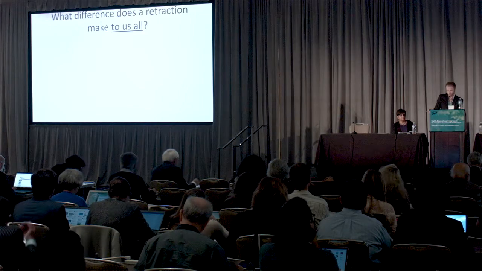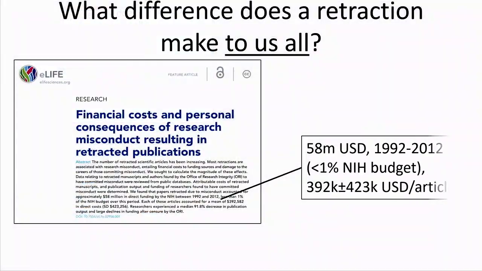A notable exception that I thought was worth mentioning is a study from a few years ago, which tried to assess the financial costs entailed by retracting papers. In particular, they looked at NIH-funded studies over a period of 20 years.